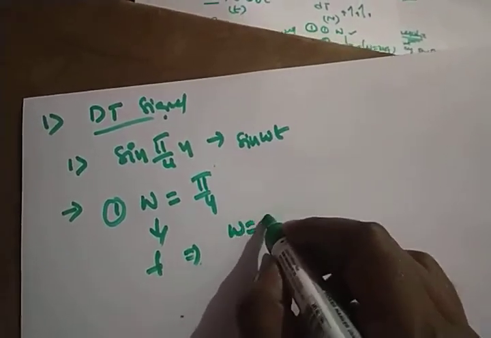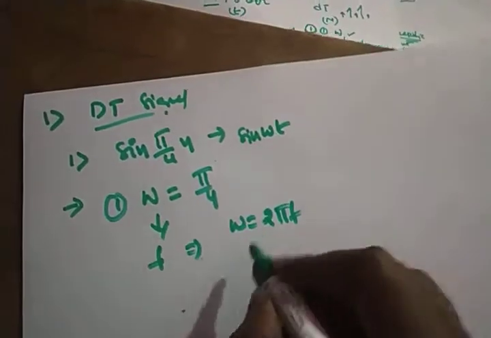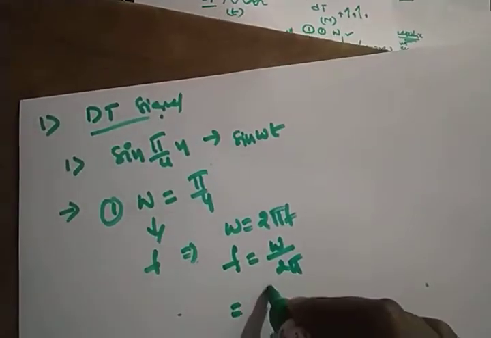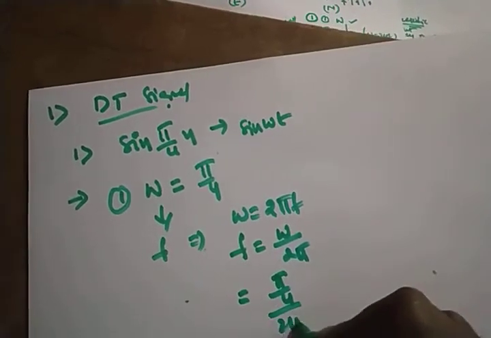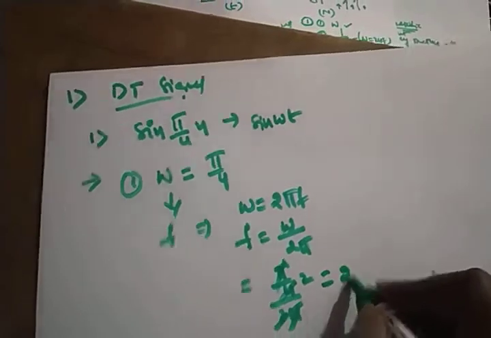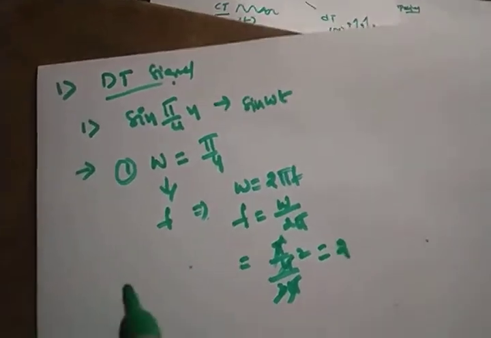You know that omega is equal to 2 pi f, where f is equal to omega by 2 pi. So what is that omega? Pi by 4 by 2 pi. So what is that value? F is equal to 2. Right?